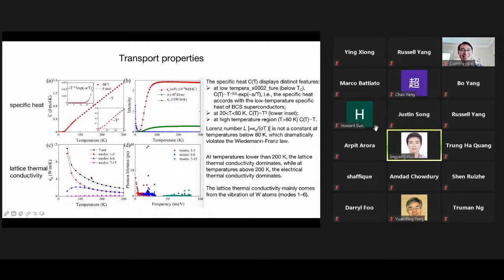The largest thermal conductivity mainly comes from the vibration of tungsten atoms, that is, the modes from 1 to 6, because of their longer phonon lifetime. So the nitrogen atoms contribute little to the thermal conductivity, leading to the low thermal conductivity of monolayer tungsten nitride.